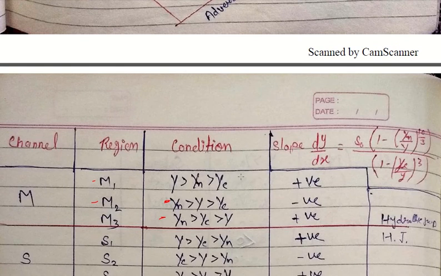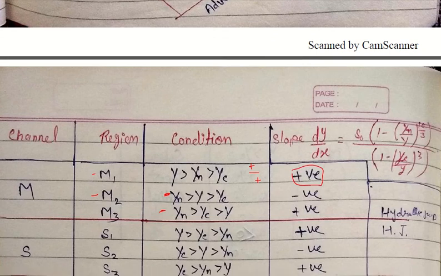So dy by dx is positive divided by positive: S naught minus SF is a positive value because S naught is greater than SF, and 1 minus Fr square is also a positive value since Fr is less than 1. So dy by dx is positive, a positive profile.